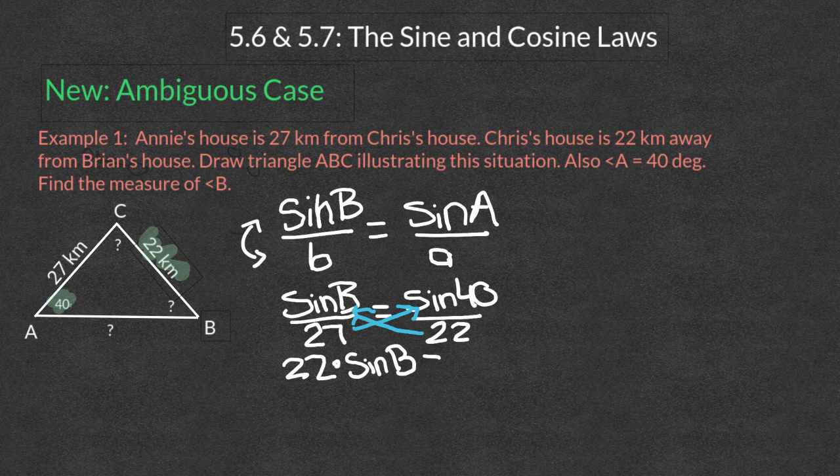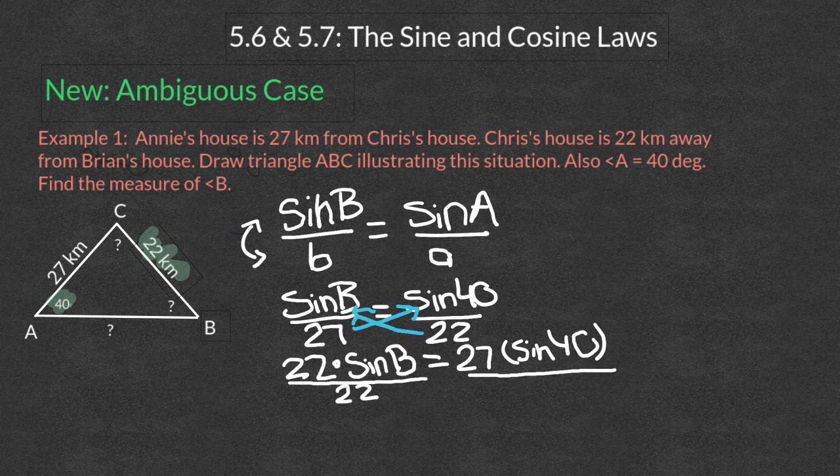You could skip this step here if you wanted to. And then on the calculator, you're going to do 27 times sine 40. And then we're going to have to isolate B, right? So to isolate B, I'm going to divide both sides by 22. Divide this side by 22. These will cancel out.